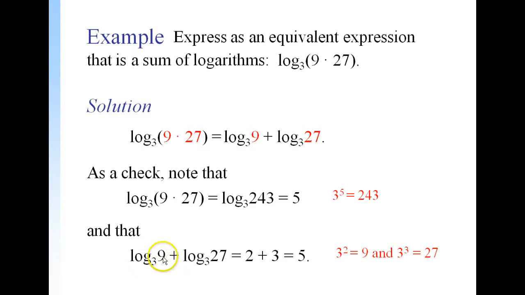That would be the exponent that we are going to raise 3 to get our 9. And here, 3 to what exponent? 3. And that gives us then 3 to the second equals 9. 3 to the third is 27. So again, teasing this apart and showing you that this is a legitimate way of writing an equivalent expression of that.